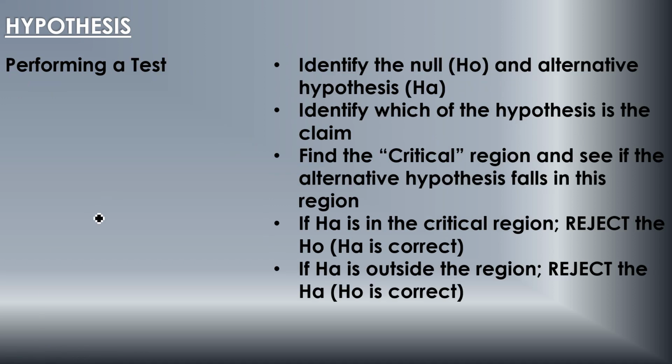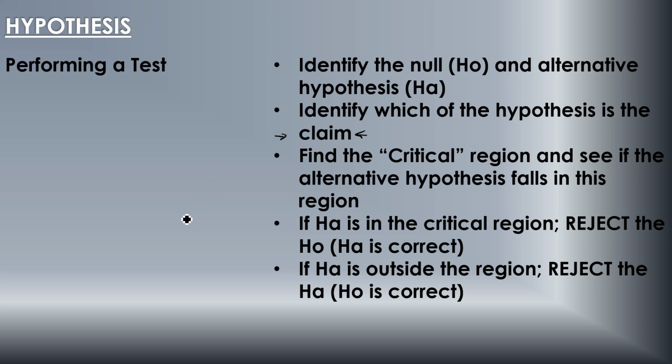Okay, so here are our steps. First of all, we need to identify the null and alternative hypothesis, and then identify which one is the claim. Make sure you label which one's the claim. That way you know at the end whether you're going to accept or reject that. Now, I shouldn't have said accept. We can only reject, really.